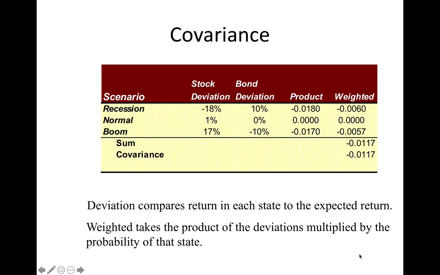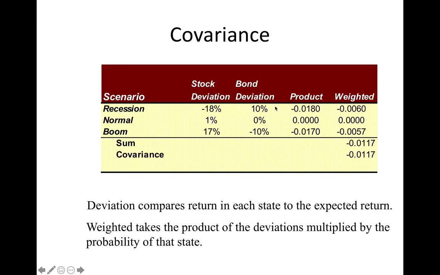Now let's look at an example here. Under the stock fund variations that we computed, you realize that during the recession, the stock fund had a variation of 18%, under the normal scenario 1, and then the boom, it had 17%. For the bond fund, it was 10% for recession, 0 for the normal, and negative 10% under the boom.